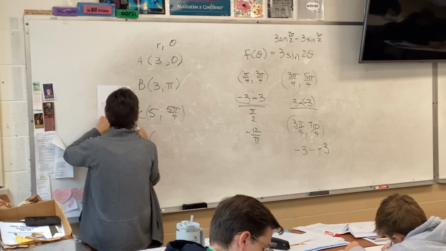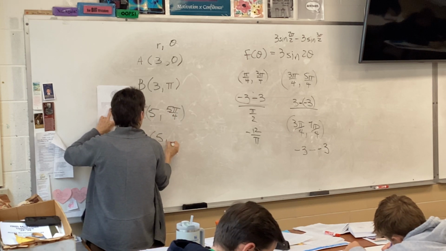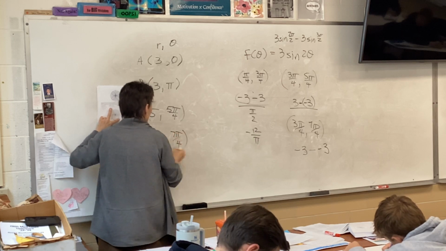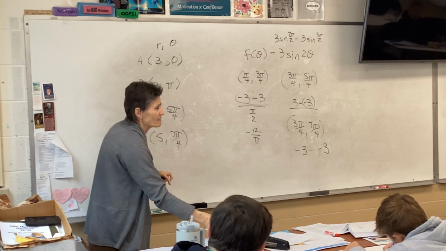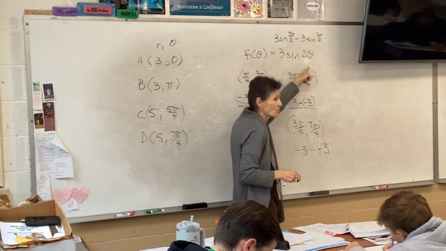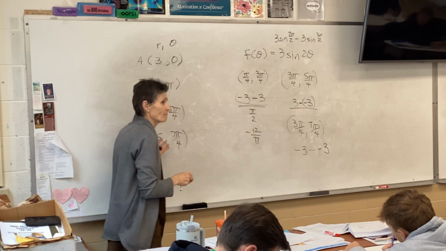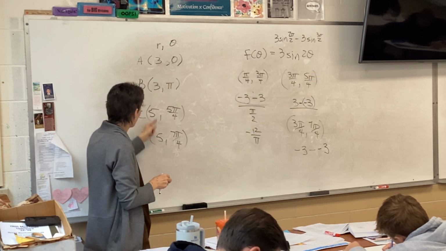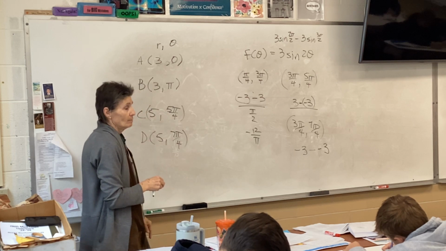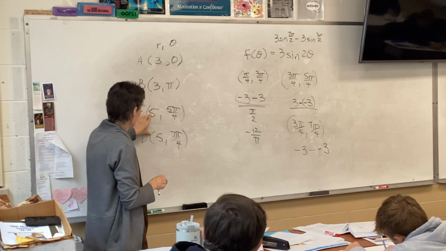And D is the point 5 comma 7 pi over 4. There are your points, kids. This time, instead of having to plug them into an equation, they're given to you. Now, I kind of approximated these guys, but since I made them the same, it doesn't matter.